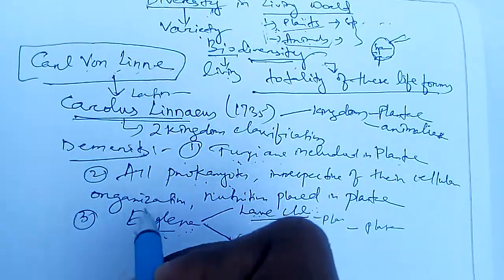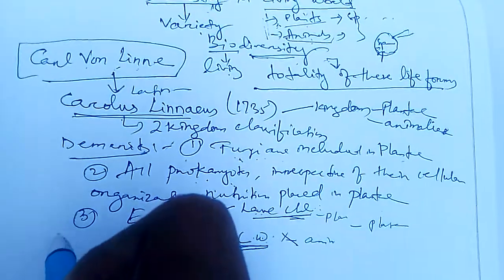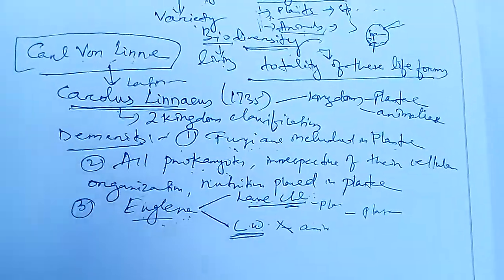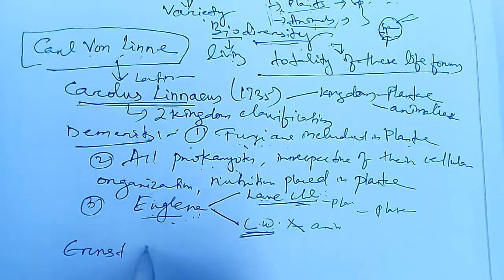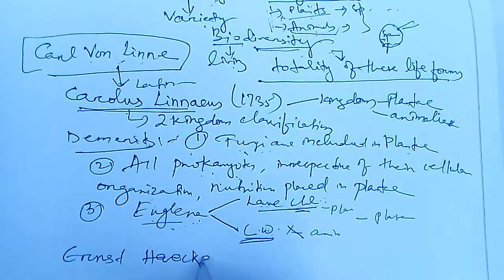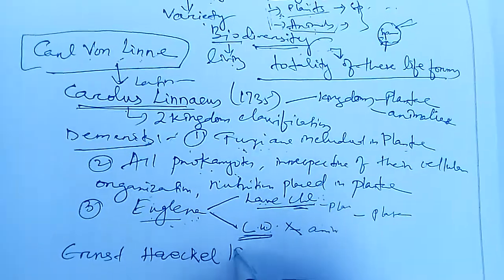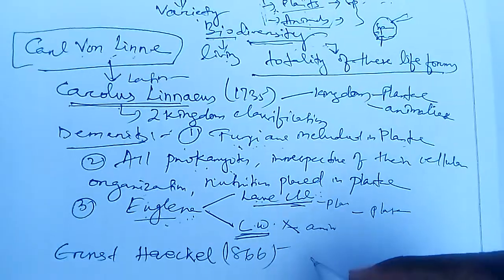So due to these demerits, this two kingdom classification was discarded, and another scientist, Ernst Haeckel, in the year 1866 provided another kingdom.